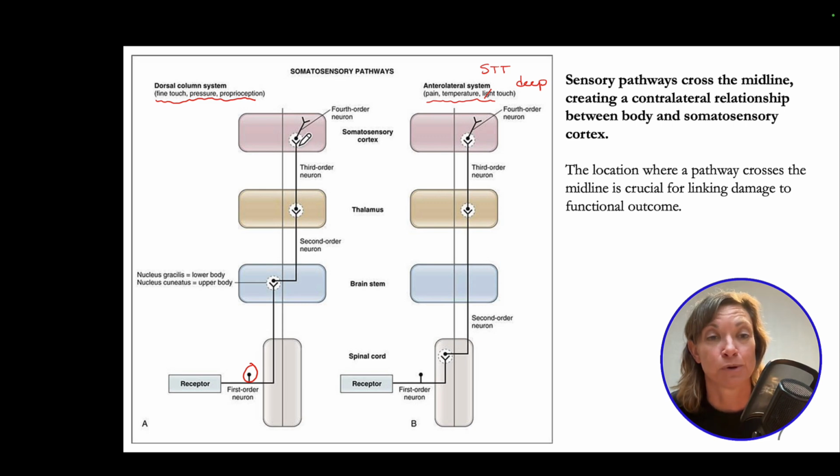So that's the same for both. What is crucially different is where the sensory information crosses the midline. So in the dorsal column system, it's here at the level of the brainstem, and in the anterolateral system, it's here at the level of the spinal cord. And those two different crossings have crucial implications for function.